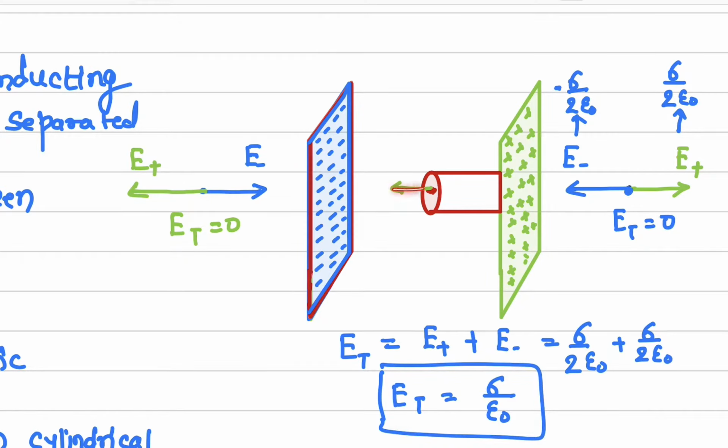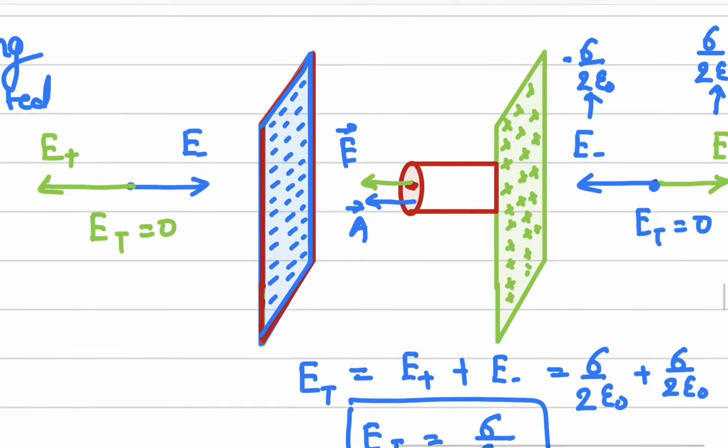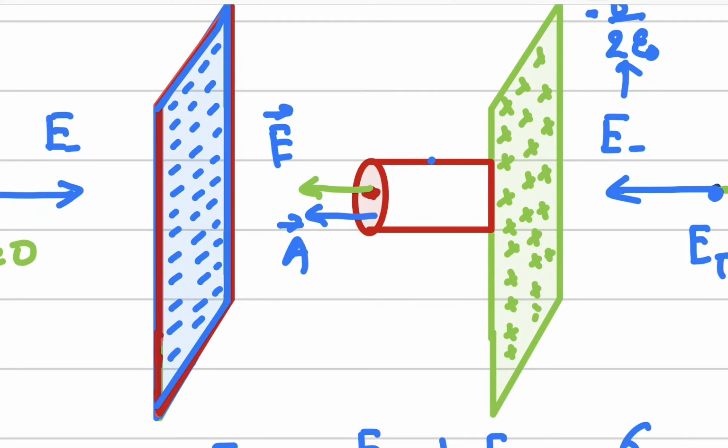It doesn't matter whether it is from the positive plate or the negative plate, the electric field direction is this. And if I look at the area vector, let's say this is the electric field, and the area vector is also in the same direction.